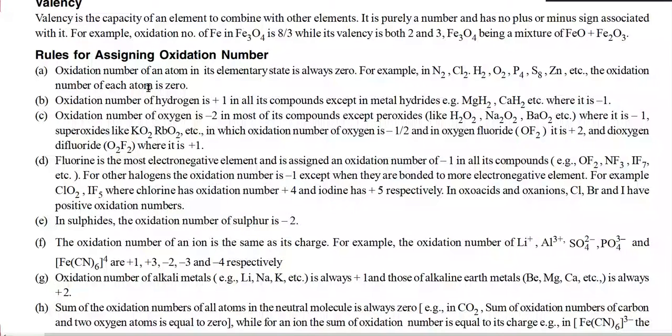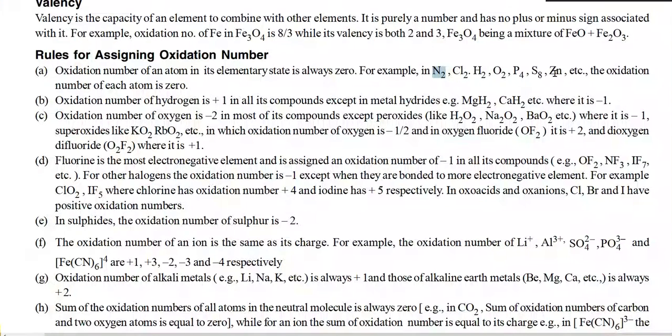The first rule is that the oxidation number of an atom in its elementary state is always 0. Elementary state means, for example, nitrogen, it is a molecule. Cl2 is a molecule, hydrogen is a molecule, H2O2, P4, Zn, Au, Ag, Pt.